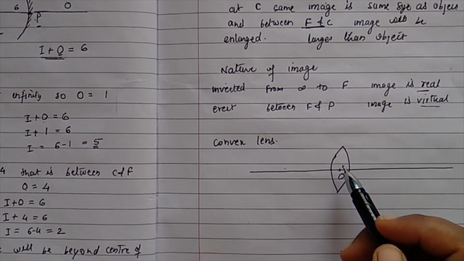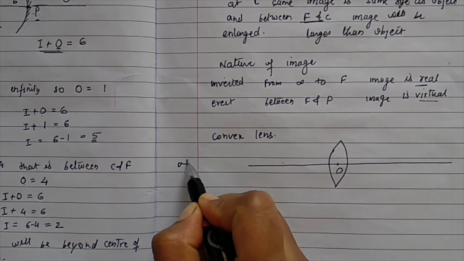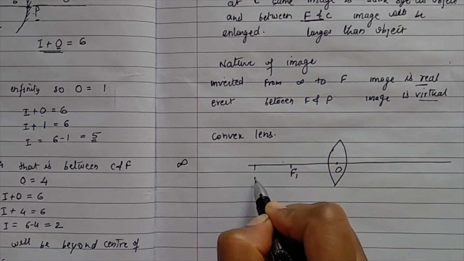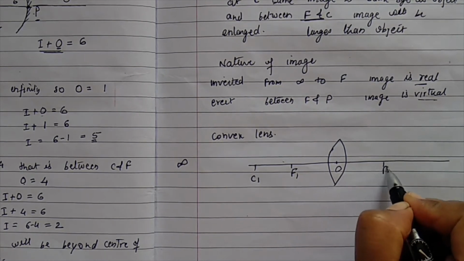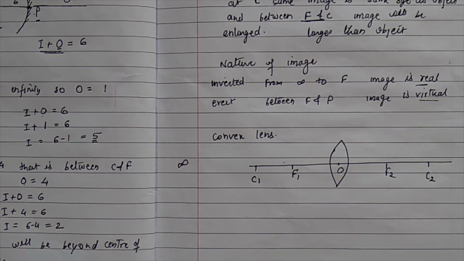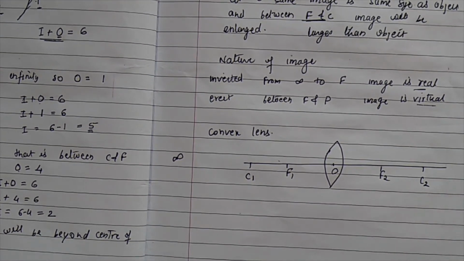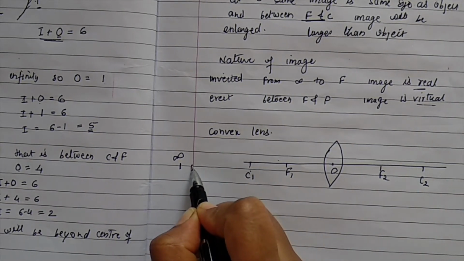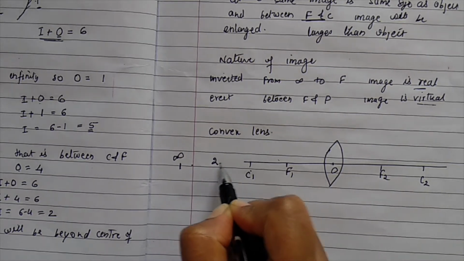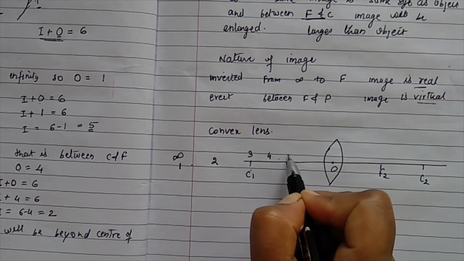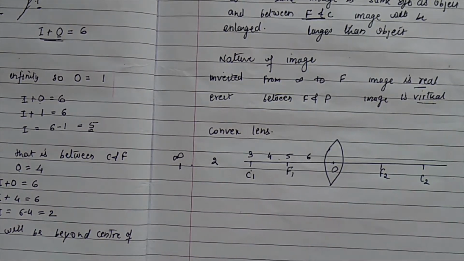For the convex lens, the same way, here infinity, first focus, first center of curvature, second focus, second center of curvature. So the numbering will be the same. Infinity is 1, between center of curvature and infinity is 2, center of curvature is 3, 4, 5 and 6.